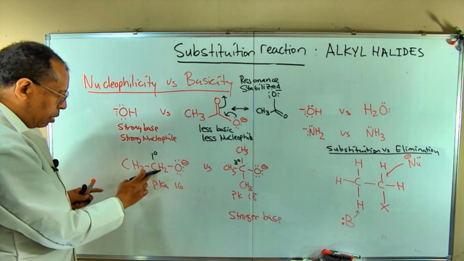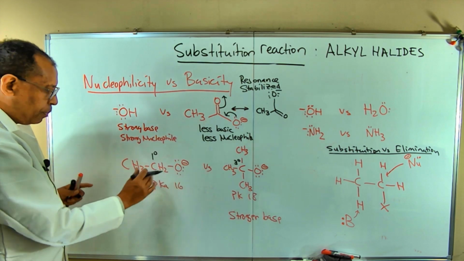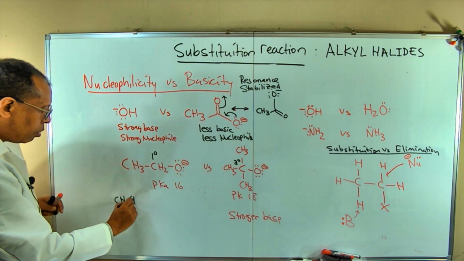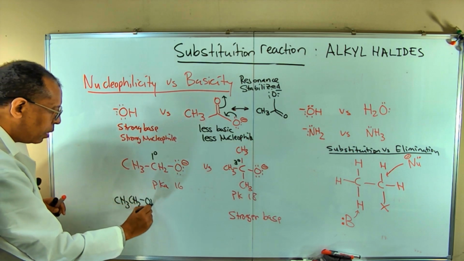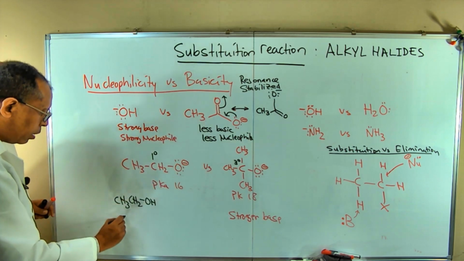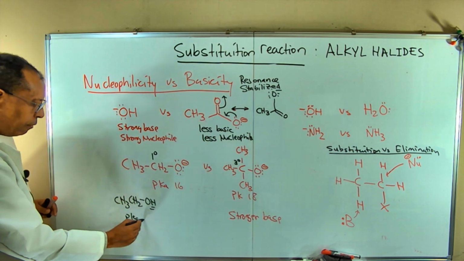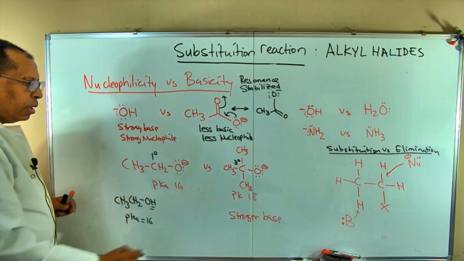pKa 16 is for the alcohol of this. So if you see CH3CH2OH, the pKa is 16, meaning that the acidity of this proton has a pKa value of 16.